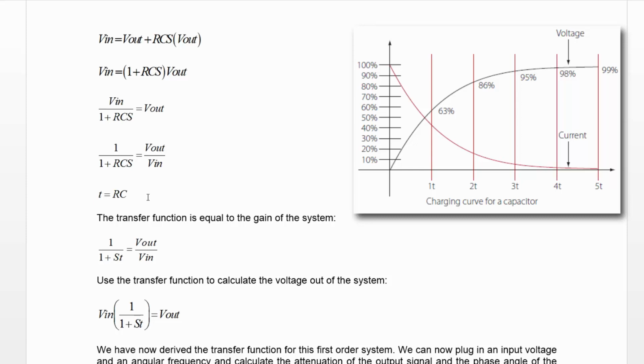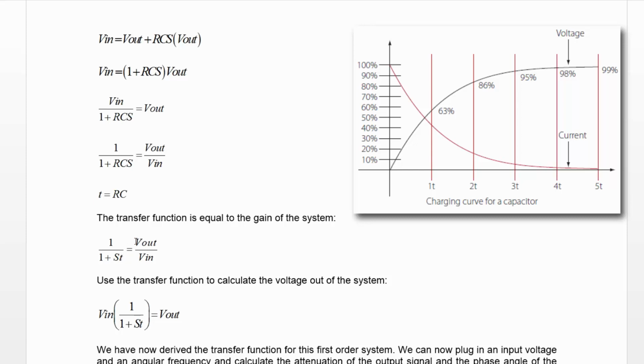Just like if I put a valve in a pipe going into a tank, and I'm filling up the tank, the valve has a resistance to flow. The tank has a capacitance, which is the area of the bottom, and that's an RC time constant. If we take that R times C, we get the time it takes to charge 63% of our level.